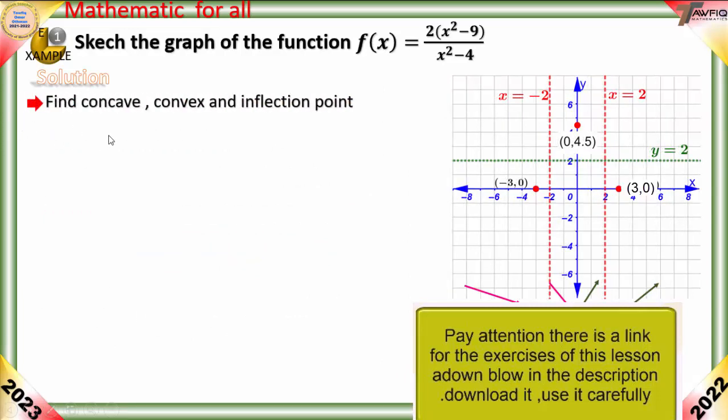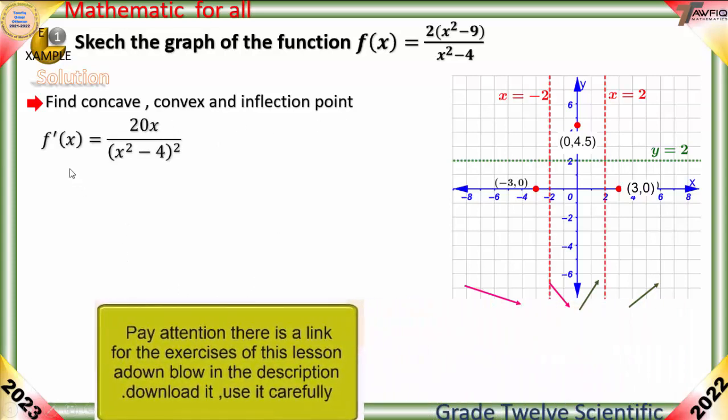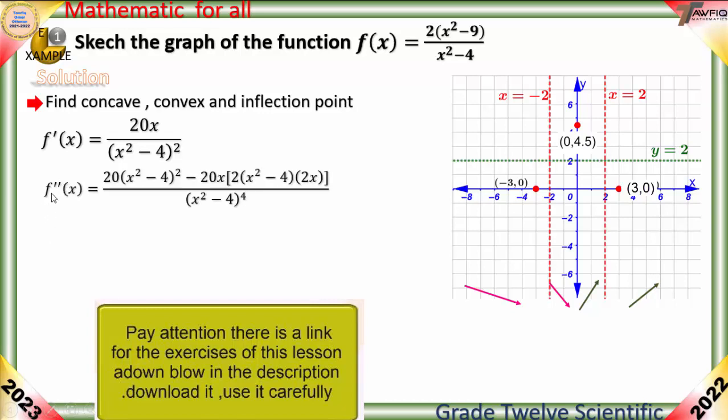Find the concave and convex intervals and inflection points. This is the first derivative, f prime of x is equal 20x over (x squared minus 4) squared. And now take the second derivative. The second derivative, f double prime of x, is equal to the derivative of the numerator, which is 20, times the denominator, (x squared minus 4) squared, minus the numerator, 20x, times the derivative of the denominator, which is 2 times (x squared minus 4) times 2x.